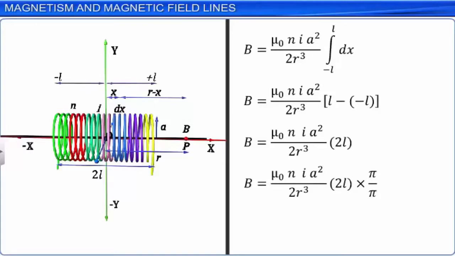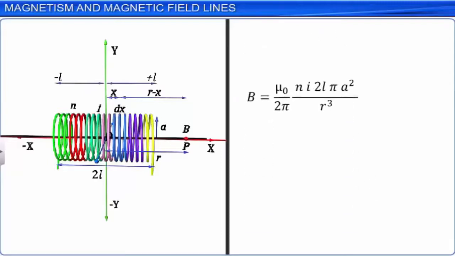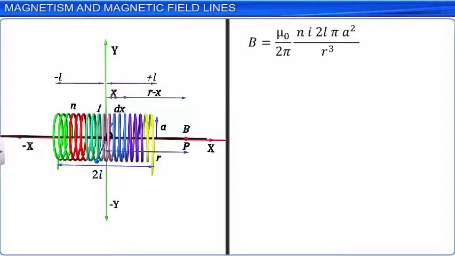We learnt earlier that a current-carrying loop behaves like a magnetic dipole, and its dipole moment is given by M equals I into A, where A is the area vector of the loop. The solenoid consists of n number of loops per unit length. I is the current through the solenoid, and a is the radius of each loop.